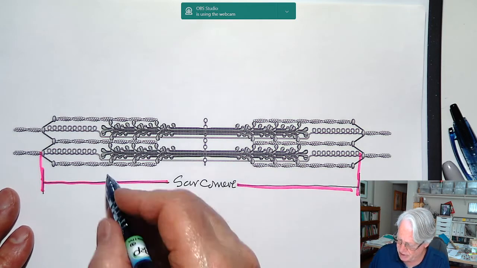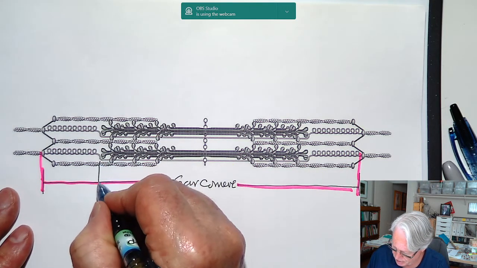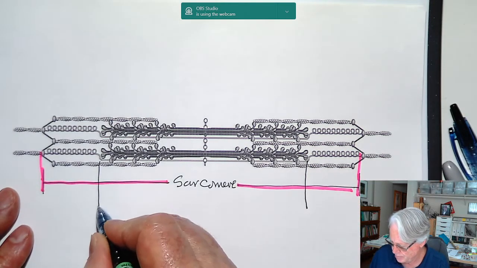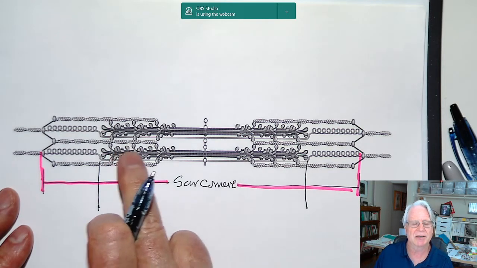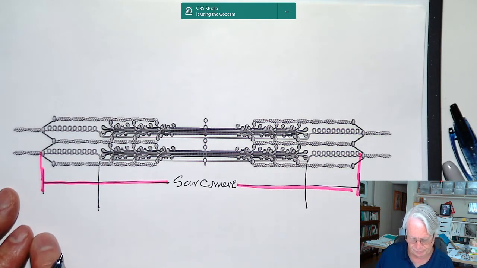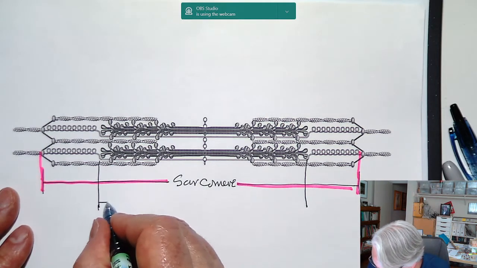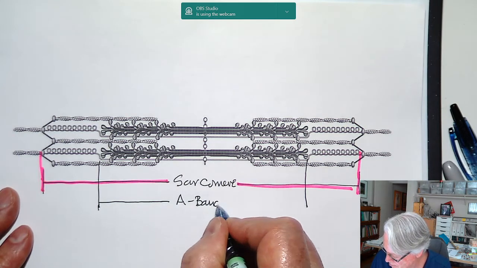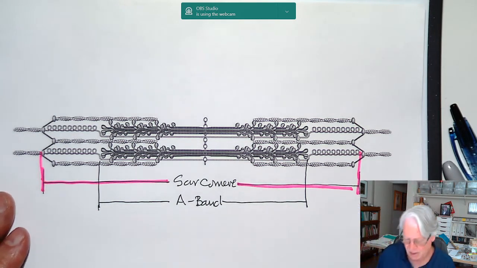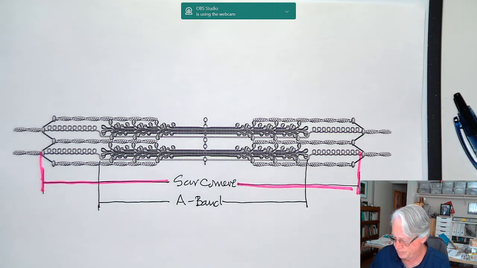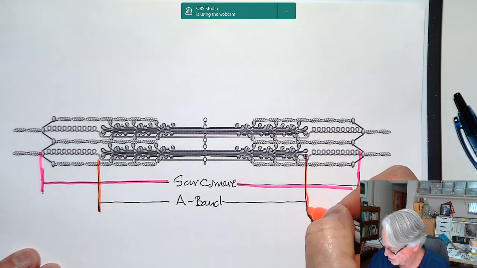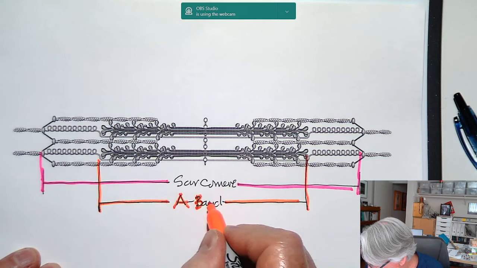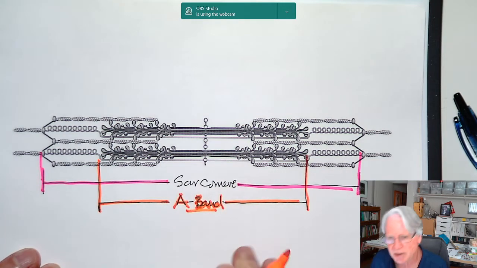Now I've got this, which is the entire length of the thick filaments. And that is going to be my A band. And let's do a nice bright color. A band.